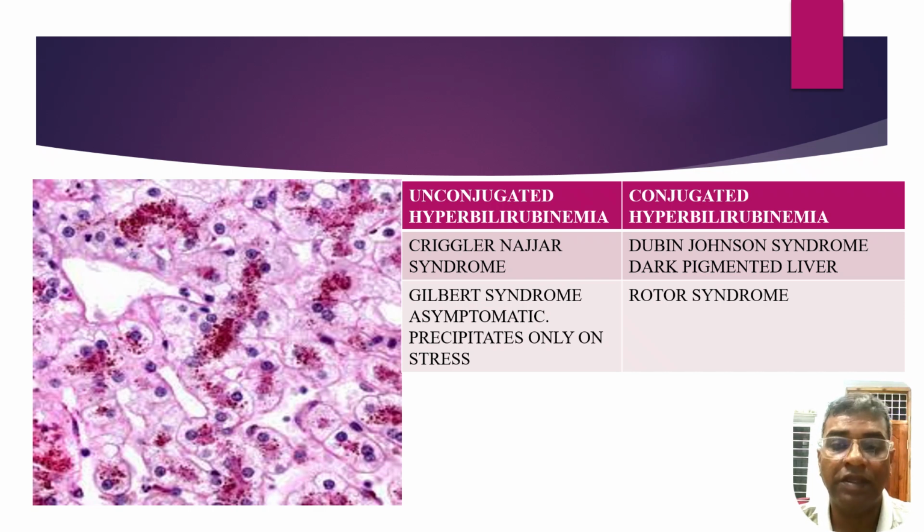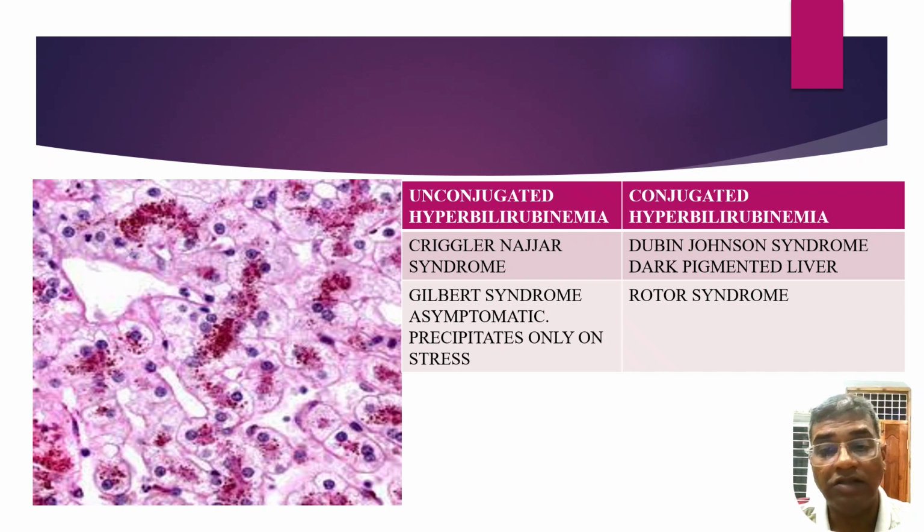Dubin-Johnson syndrome has a characteristic feature: there is a dark pigmented liver. This is a picture of microscopy of the liver showing the pigment that is deposited in a case of Dubin-Johnson syndrome.